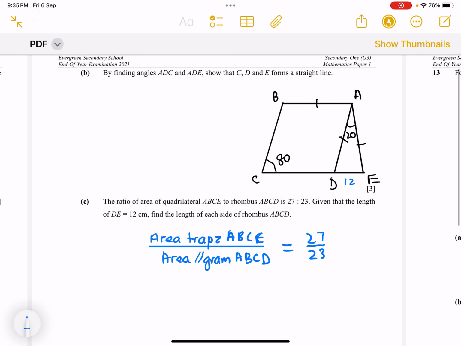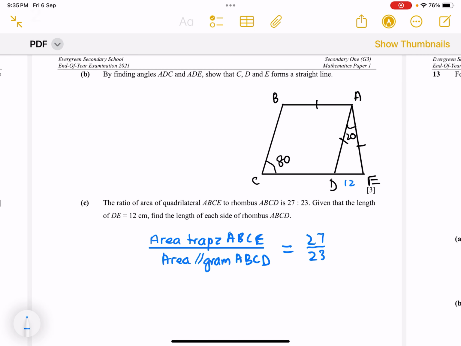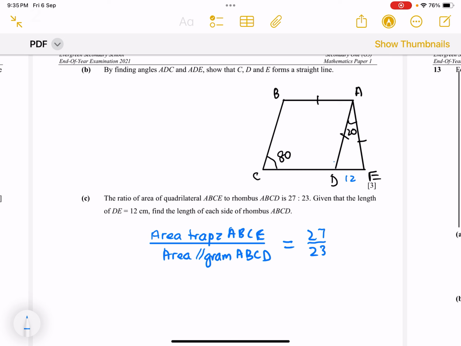By finding the angles ADC, ADC is this angle here, and ADE is this angle, we need to show that these two angles add up to 180, then they are a straight line.